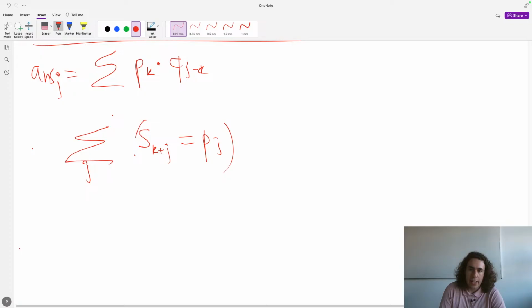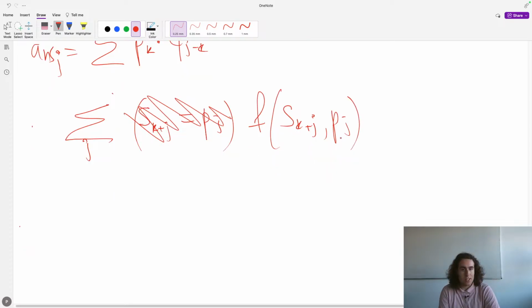And we want to check that for all j they are equal. I cannot do this. This is not an algebraic thing, so I cannot do this with FFT. But I can do some kind of functions of s k plus j and p j. Again, this is not a convolution, but you reverse p and then it becomes a convolution.